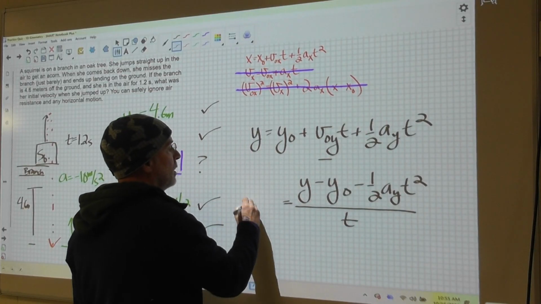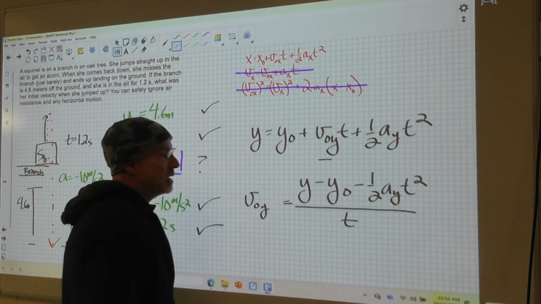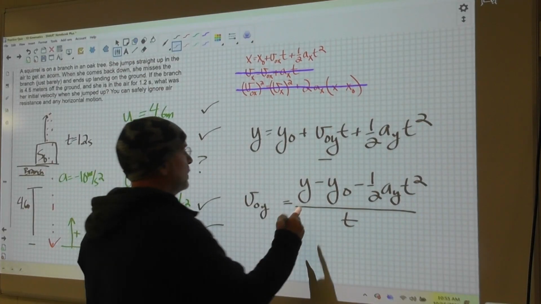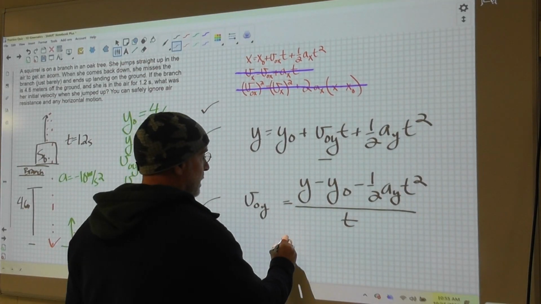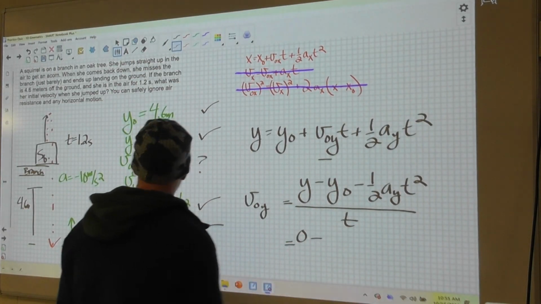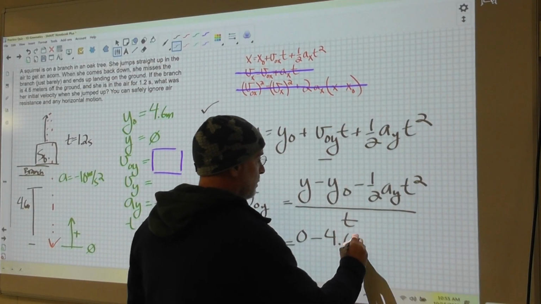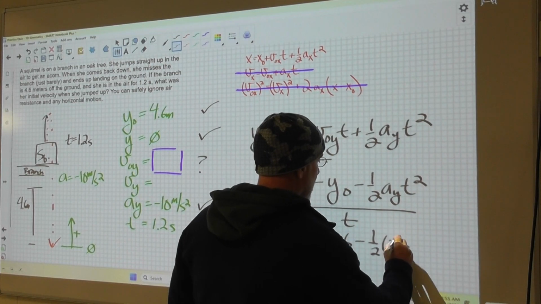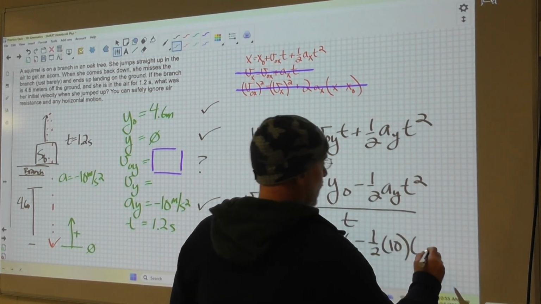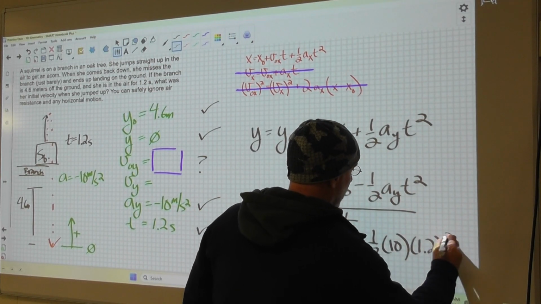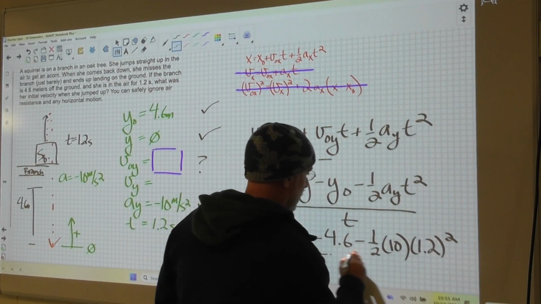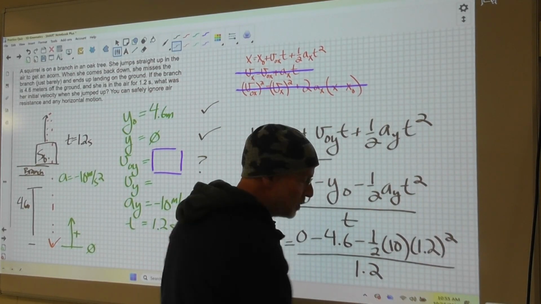That should equal my initial velocity. And when I put the numbers in, I get 0, which is my final position, minus 4.6, minus 1/2 times 10 times 1.2 squared, all divided by 1.2.